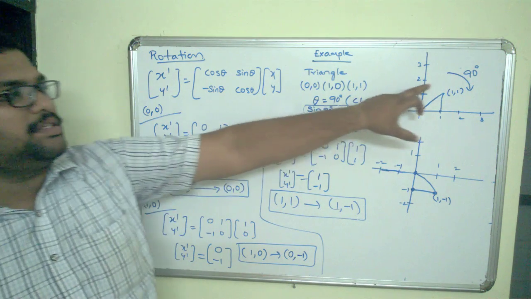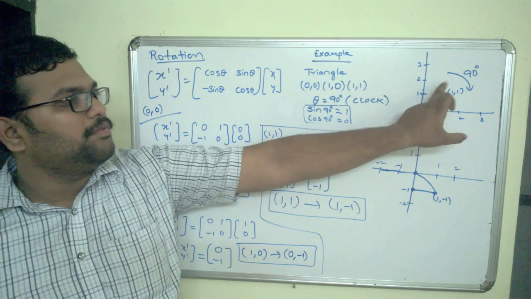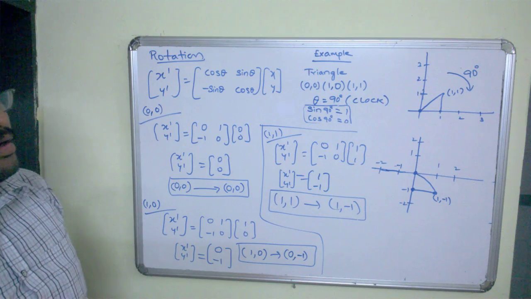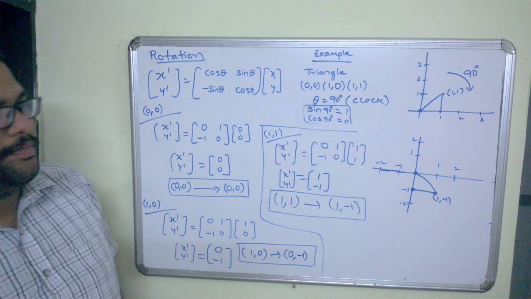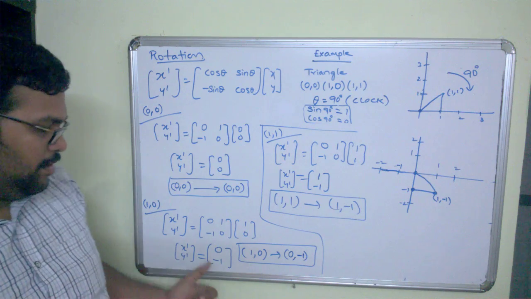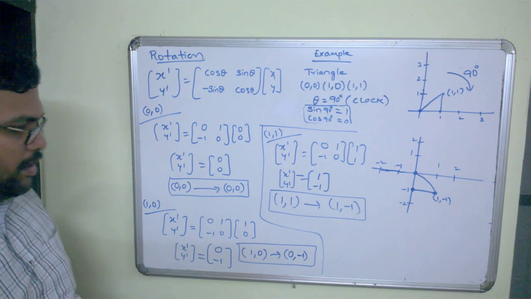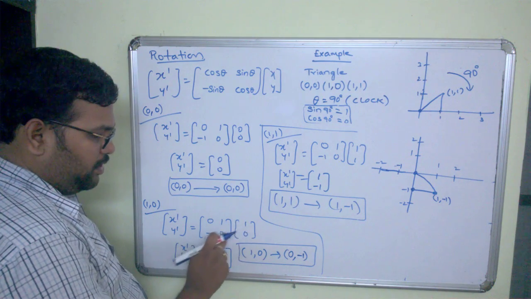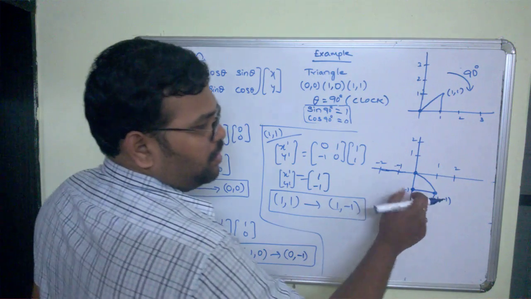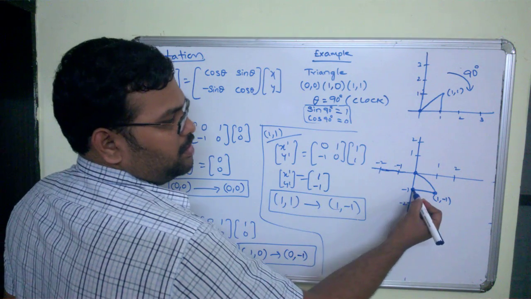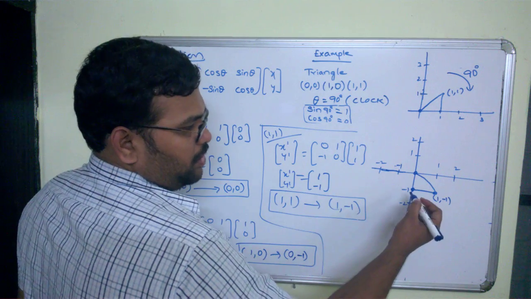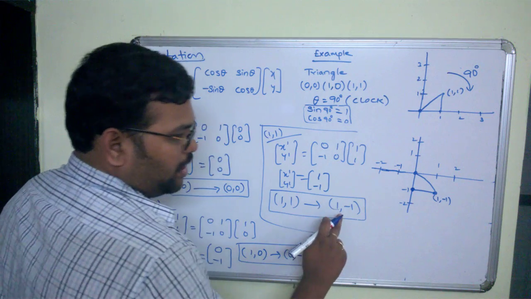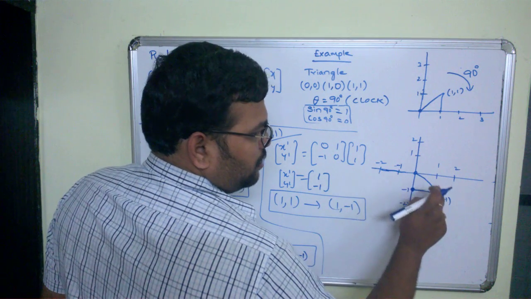So after rotating this triangle with an angle 90 degrees in a clockwise direction, so 0 comma 0 first coordinate, and then 0 comma minus 1, so this one, and 1 comma minus 1, so this one.